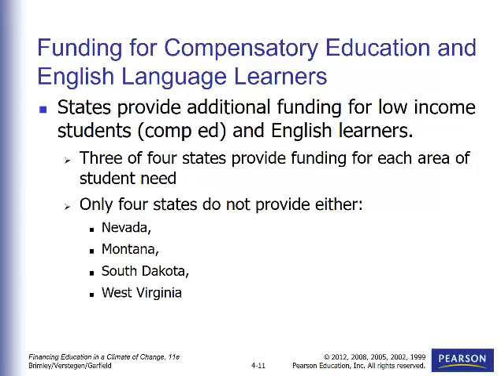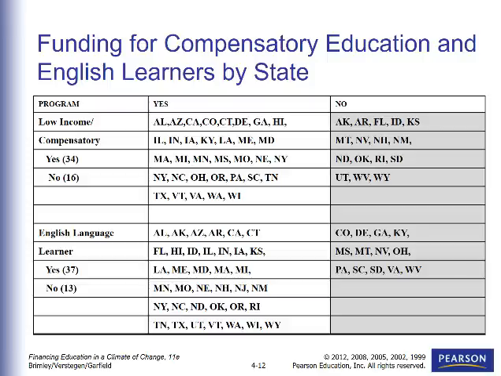Nevada, Montana, South Dakota, and West Virginia don't provide any for either of those. And then the other states provide either one or the other. And here's just a breakdown of how that works out for you, okay? And that is it. So this will work with you a little bit.